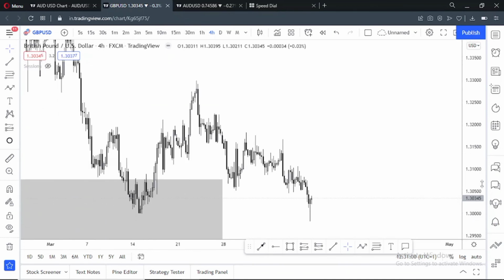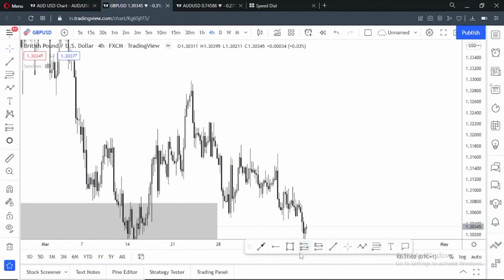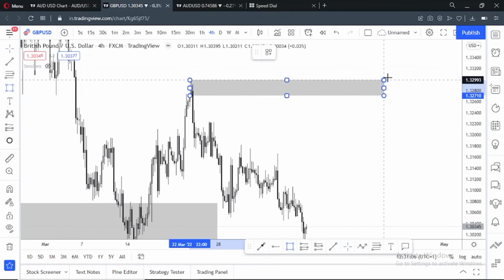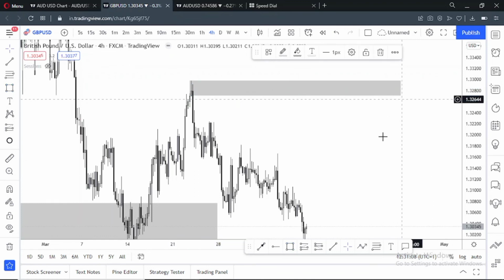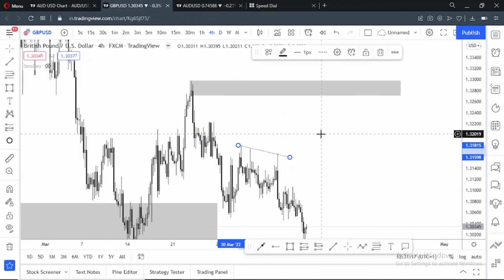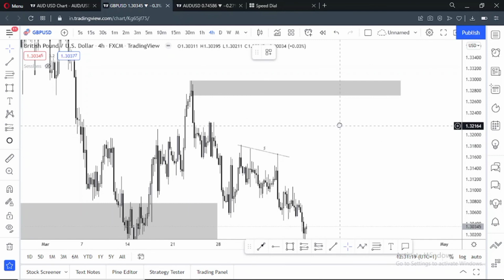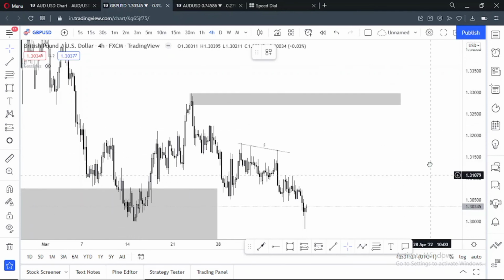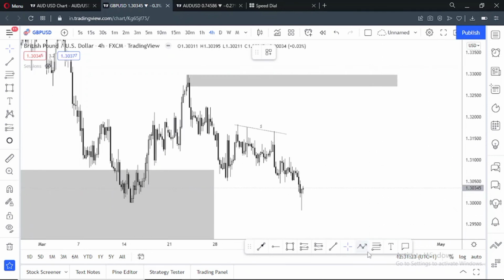Here on the four-hour time frame, you can see the supply zone sitting just right there. There is this liquidity pool sitting right here too. So maybe a pullback that will take out this trend line liquidity that some retail traders will be looking for.